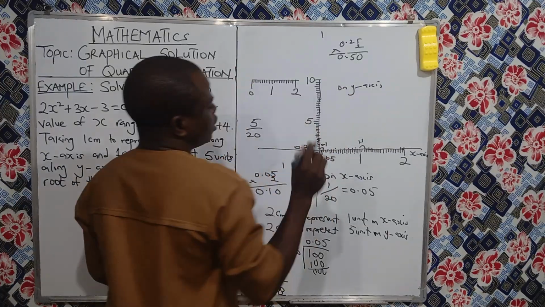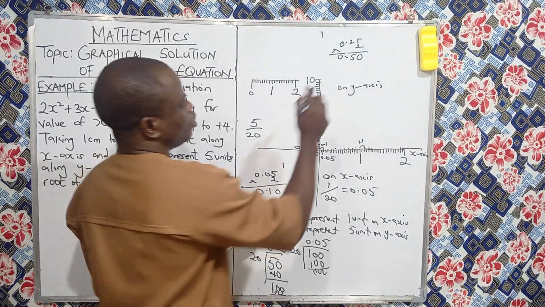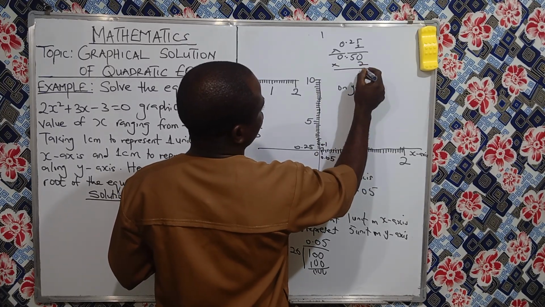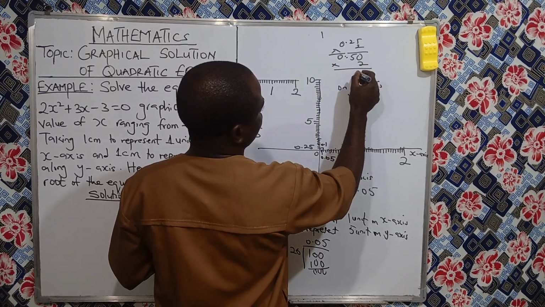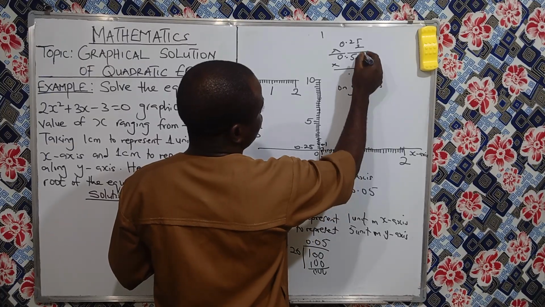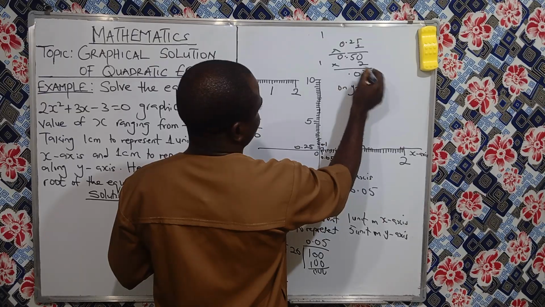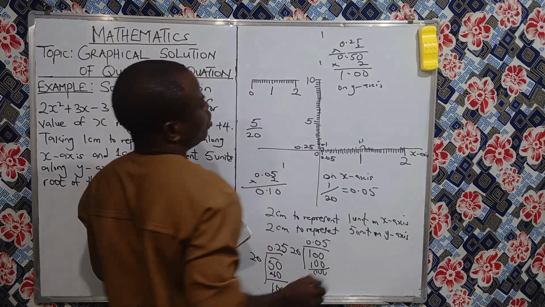To get 1, we times another 2: 2 times 5 is 10, 0 carry 1, 2 times 0 is 0, that's 1.